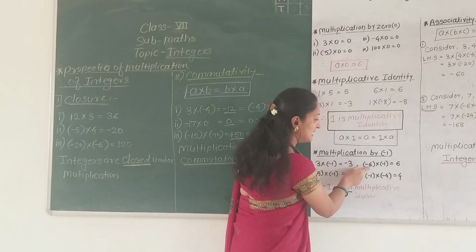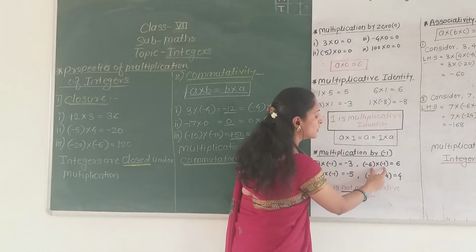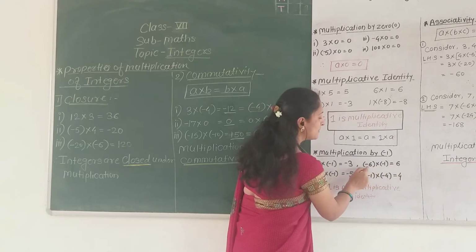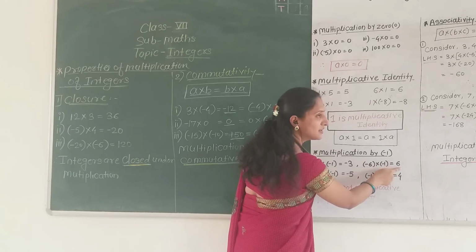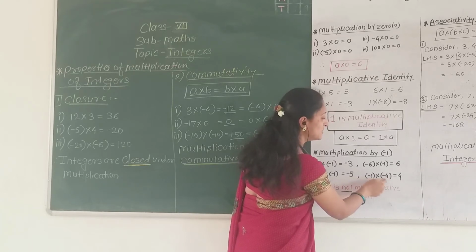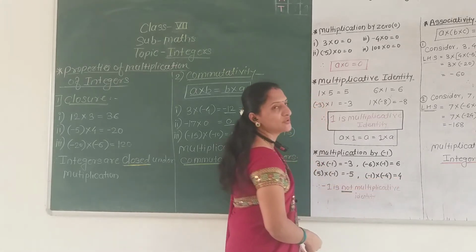Now the integer is negative here. But the product of two negative integers is positive. So here the sign of 6 is negative, and in the product 6 has a positive sign. Negative 1 into negative 4, same here. Negative 4 is a negative integer and the product is positive here.